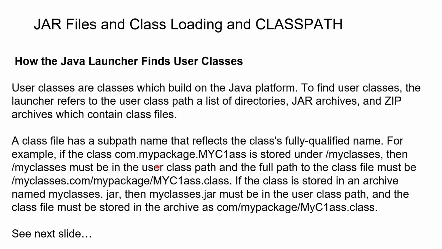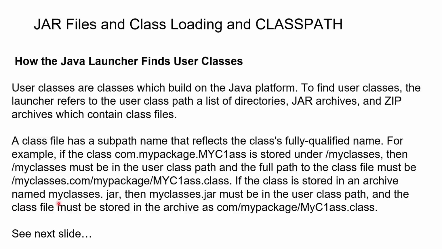For example, if the class com.mypackage.MyClass1 is stored under myclasses, then myclasses must be in the user class path, and the full path to the class file must be myclasses/com/mypackage, and then we have the class name.